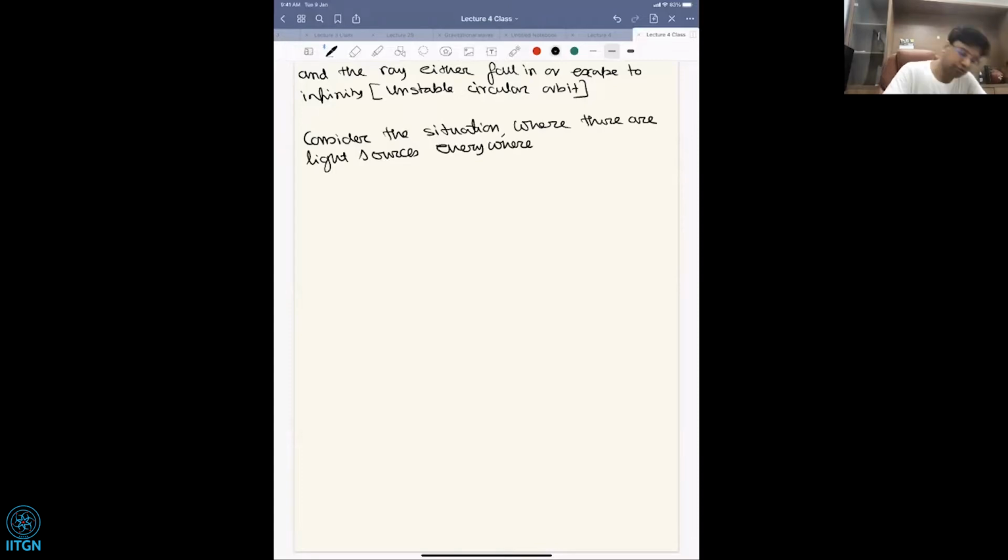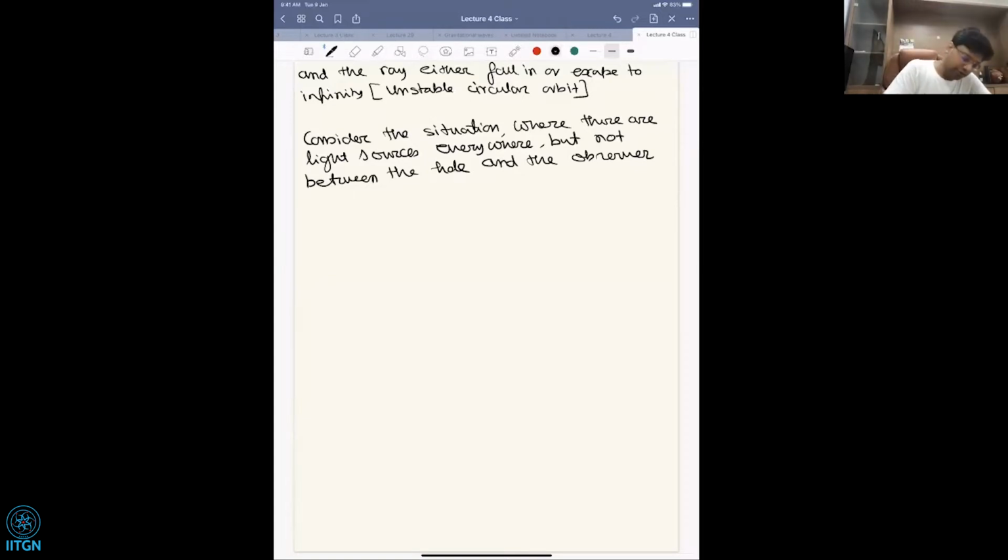Okay, but not between the hole and the observer. So what I am saying is that the sky is filled with light sources, and there is a black hole, and I'm looking at it, but there is no source between my eye and the hole. This is a very, very ideal situation. But let's go ahead with this, because we want to understand how it looks.